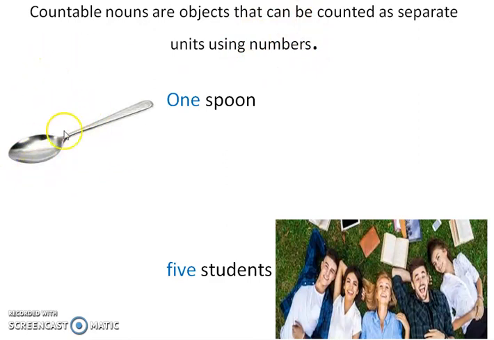This is what? This is spoon. One spoon. Look at these people here, okay? 5 students. 1, 2, 3, 4, 5. So countable nouns can be counted by numbers and they can be separate, and we can divide them.